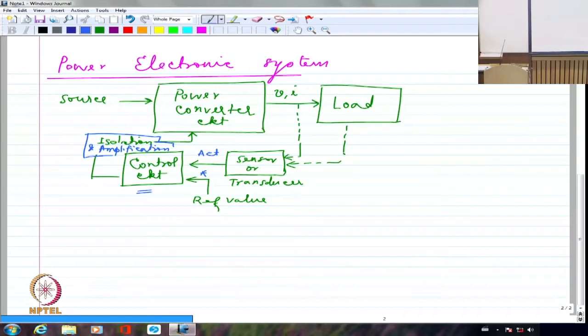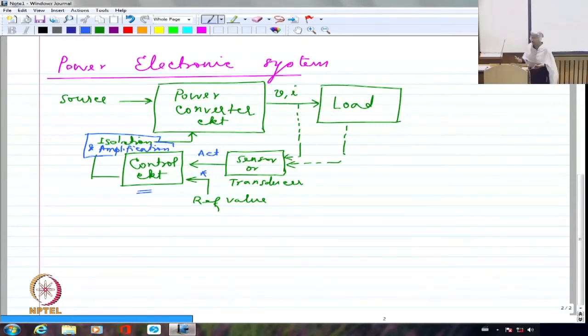So these two are compared, which actually comes out in the form of an error. Right? That error is processed by the control circuit. And that's what actually adjusts the voltage or current or whatever output of the power electronic circuit such that the error becomes 0. This is the overall configuration of the power electronic circuit.